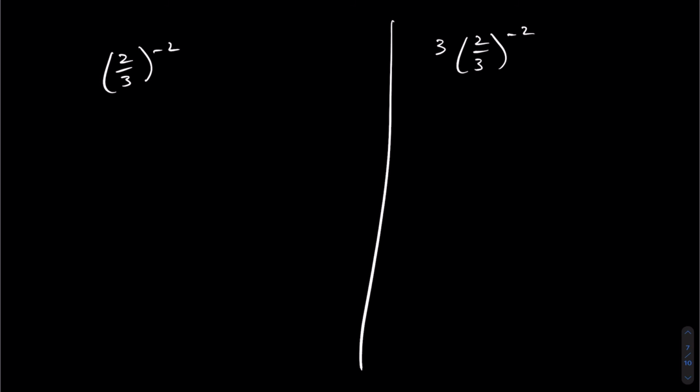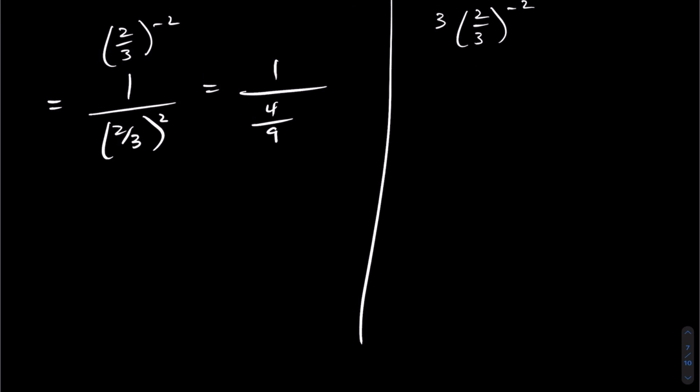This one here is obviously the negative exponent rule, so let's go ahead and apply it. If I apply the negative exponent rule, it says you take your base, in this case 2/3, and bring it to the bottom. When you square a fraction, you square the top and square the bottom. So this will end up being 2 squared is 4 and 3 squared is 9. Now you're looking at dividing an integer by a fraction.